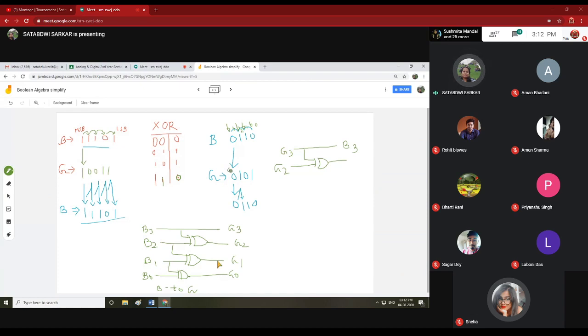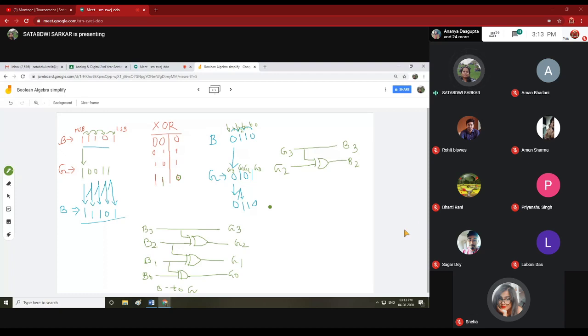This one is G3, this one is G2, this one is G1 and this one is G0. So G2 is XORed with this result and this is same. So we are not taking any other XOR. So simply G3 and G2 will be XORed and we will get B2.